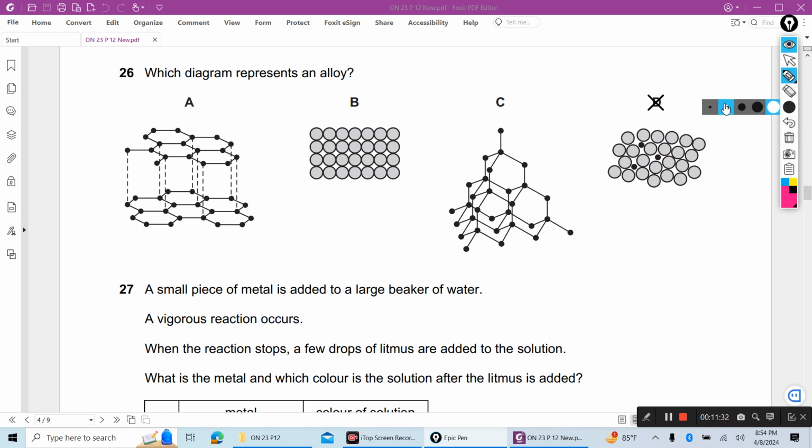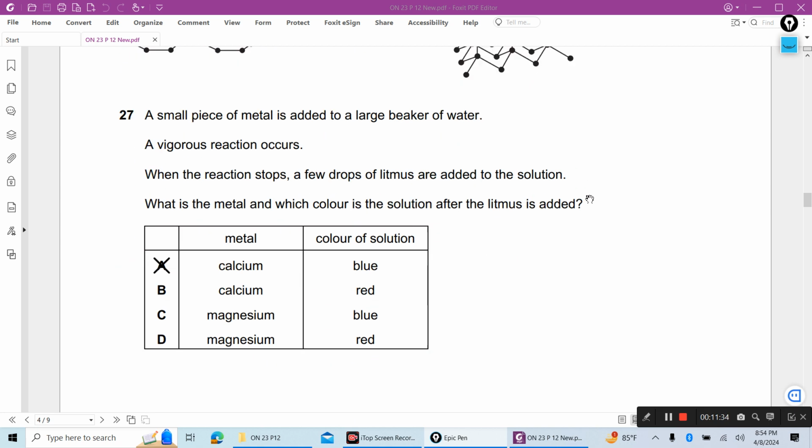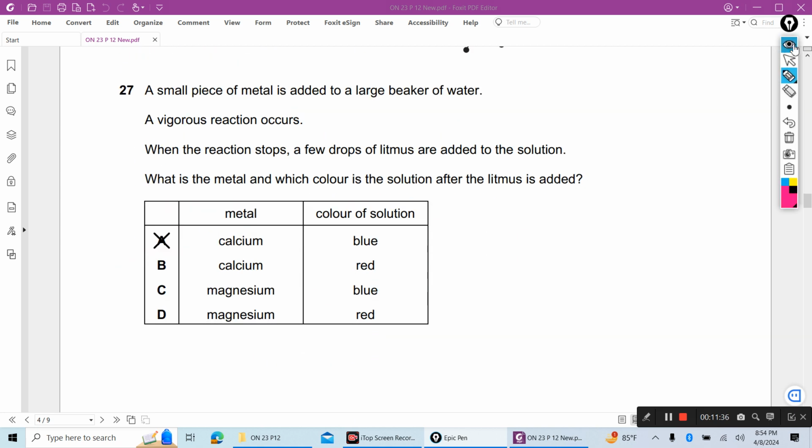Now 27. A small piece of metal is added to a large beaker of water. A vigorous reaction occurs, that means more reactive.